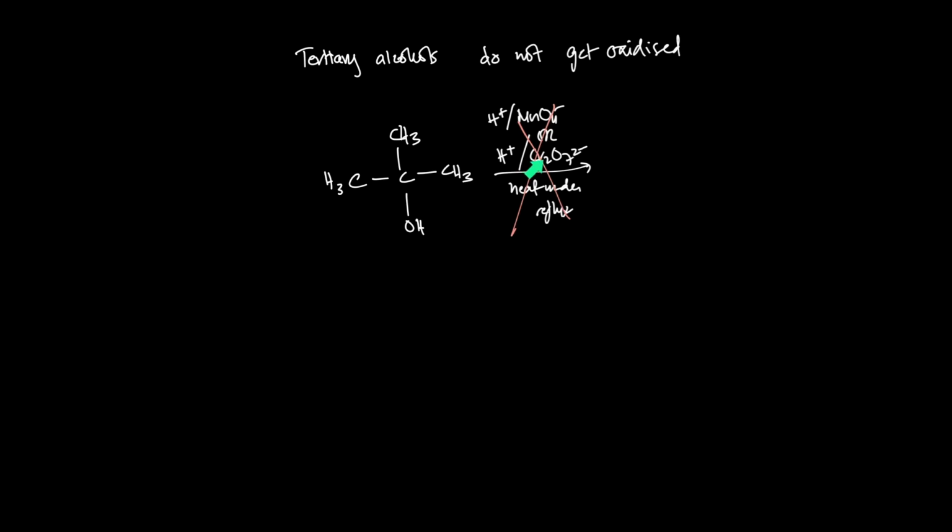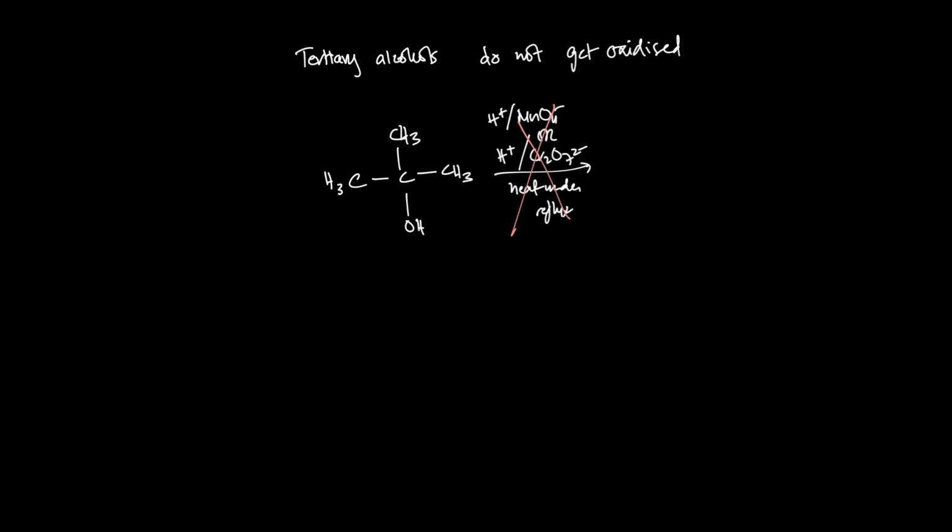If you use dichromate, the solution will stay orange. If you use manganate, the solution will stay purple, because tertiary alcohols don't get oxidized. Remember, the carbon-carbon bonds don't get affected by these oxidation reactions. So there is essentially no space for oxidation to take place in a tertiary alcohol.